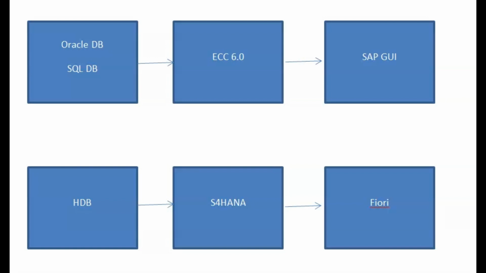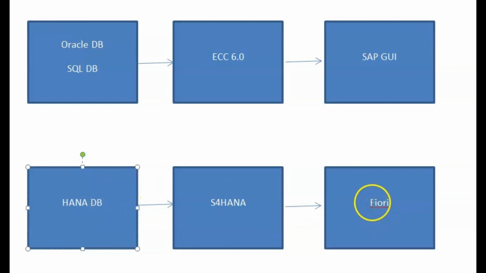Now, for the S4 HANA, the database in the backend is now the HANA database, and this necessarily has to be the HANA database, which is SAP's own proprietary database.